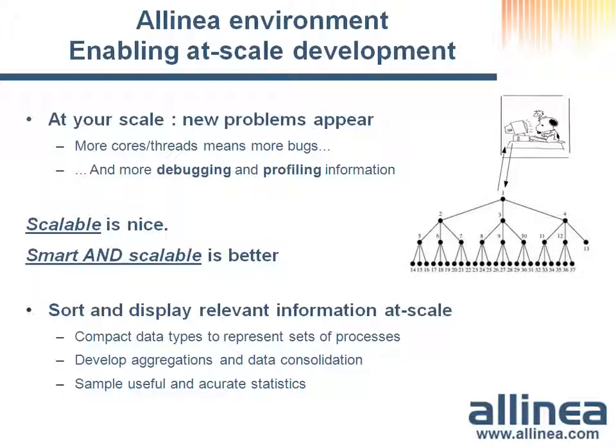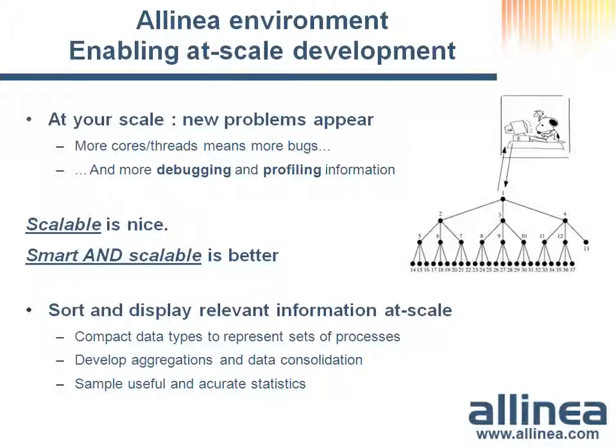So we needed to integrate some aggregation and data consolidation mechanisms within our tool in order to present the debugging information very easily to the developer. This aspect that has been done 3 or 4 years ago in regards to CPU is critical today when it comes to Intel Xeon Phi. Indeed, those architectures are massively parallel, and the number of MPI processes or the number of threads that can start on these accelerators is huge. This is the reason why having a tool that is capable of handling this level of parallelism is critical.